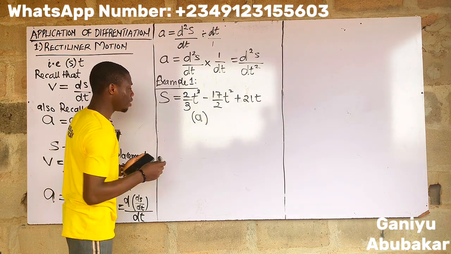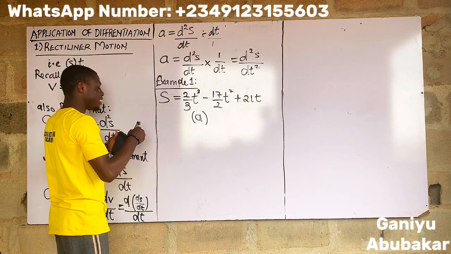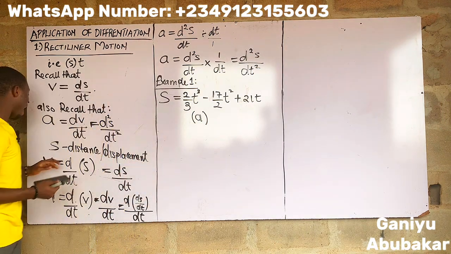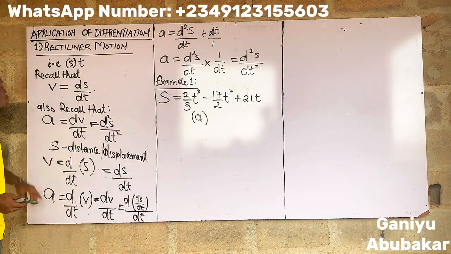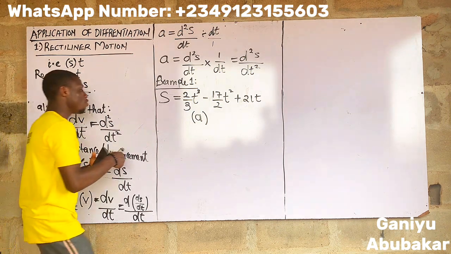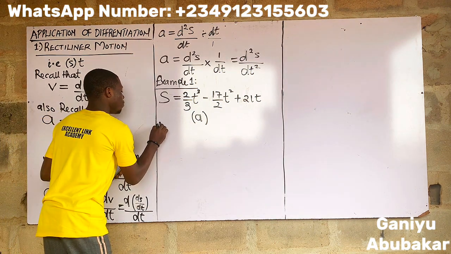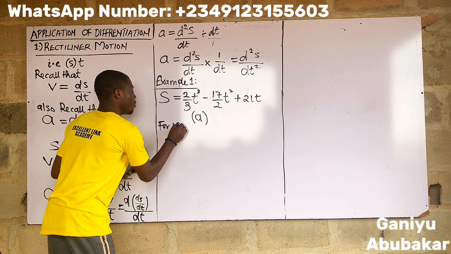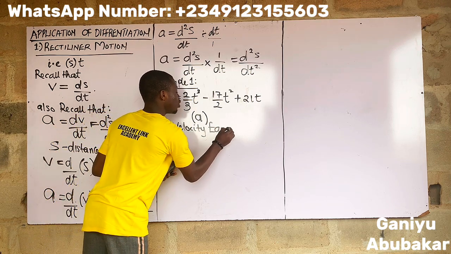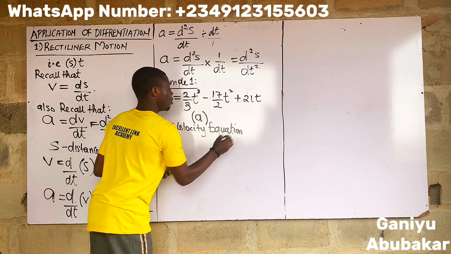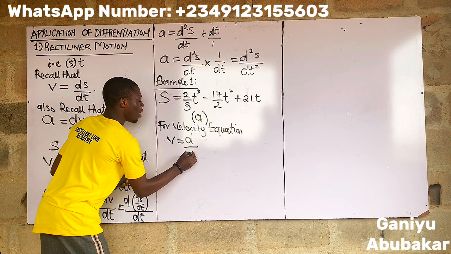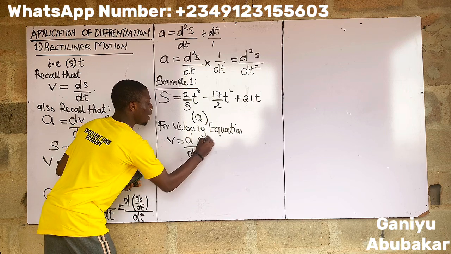What's the concept? My first task now is to get velocity first, then acceleration, because I can't look for acceleration straight. You must look for velocity first before the acceleration. So let's start with the velocity equation. We know that v is equal to d over dt of x.